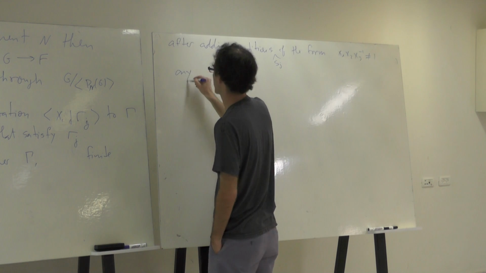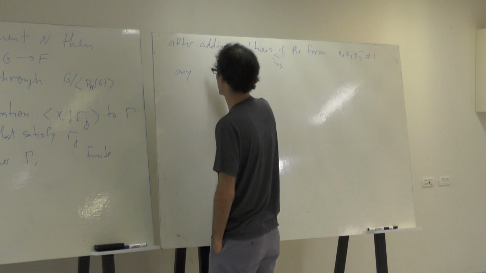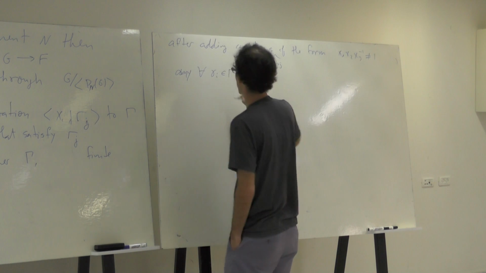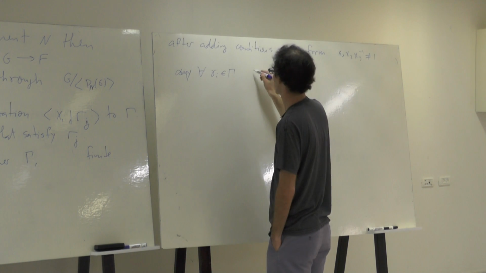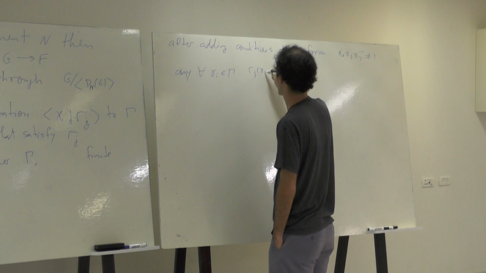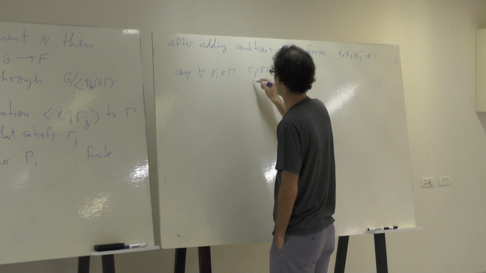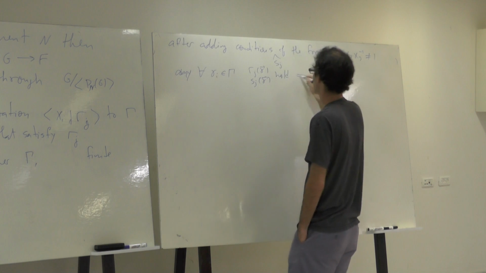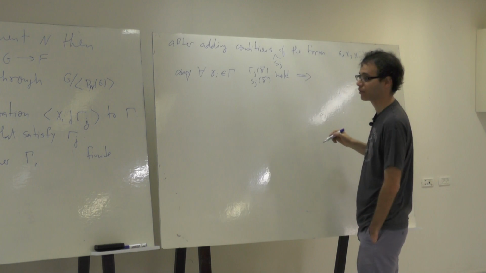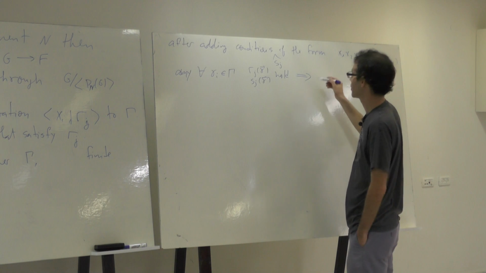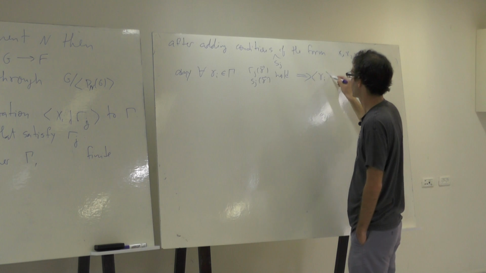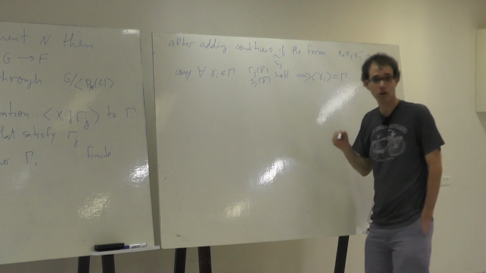So for every gamma i in gamma that satisfy, you know, Rj and Sj, well, this implies that the subgroup generated by gamma i is the whole gamma.